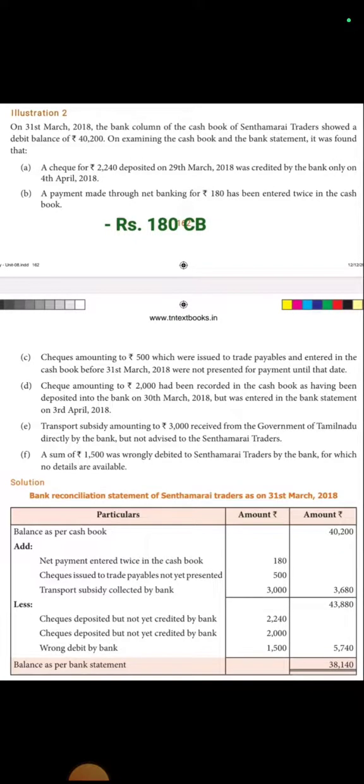Whenever we made payment, immediately our cash book will be decreased, right? So we subtracted 180 rupees in our cash book, right?